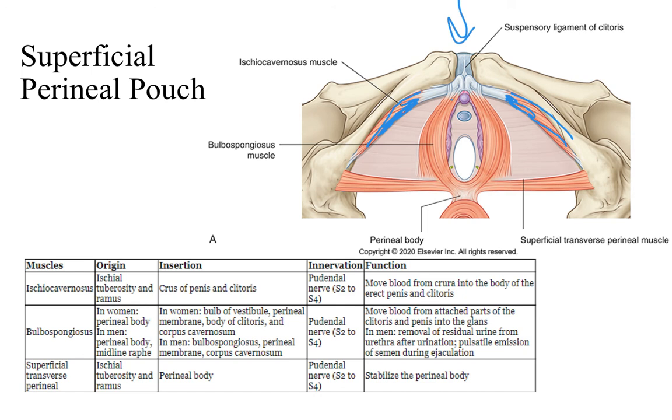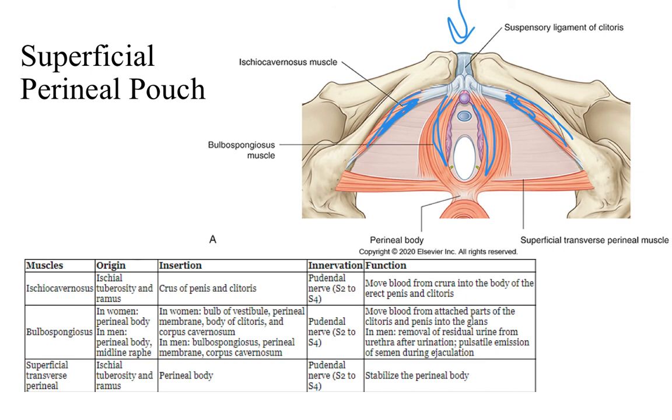We have the bulbospongiosus muscle, which in women moves blood from the attached parts of the penis and clitoris. So it's going to help out the ischiocavernosus muscle.